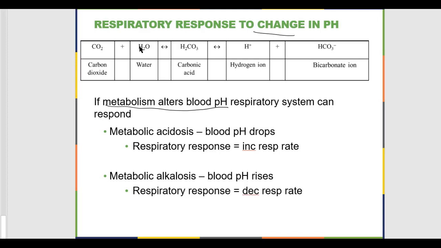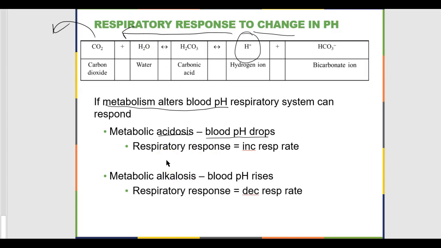So if you are in acidosis, if your bloodstream is acidic because of your metabolism, that means your pH is low. You want to move in that direction, so you need to get rid of CO2 to make the chemistry move in that direction.